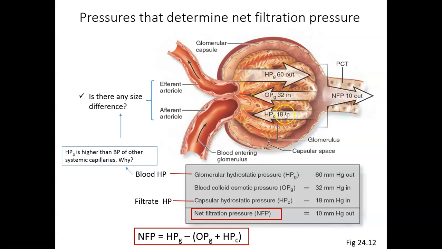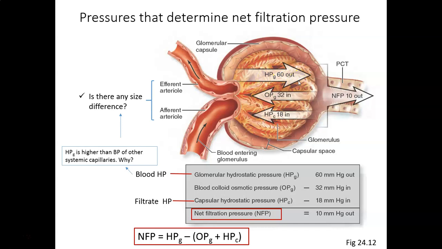Okay, so it is in the opposite direction of HP glomerulus. One of those HPs is because of the blood pressure, the other one is because of the filtrate pressure. Which one do you think has the higher pressure? Is it the HPG or is it HPC? Of course, HPG is the higher one. If the HPG is not much higher than HPC, then you're not going to be able to form any filtrate, because they're opposing each other in opposite directions, right?